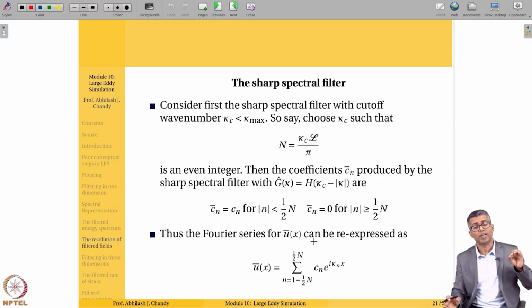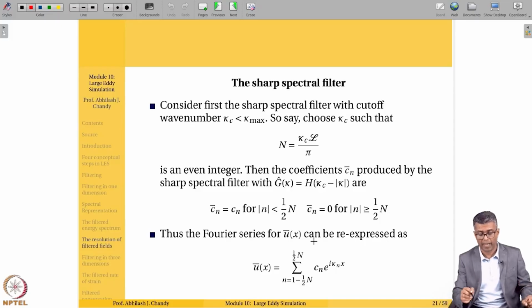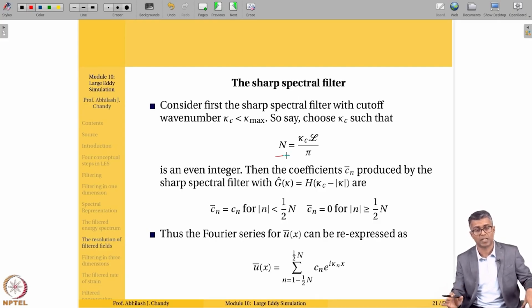Now, if you choose kappa c in such a way that n, which is the number of grid points in your LES grid, is equal to kappa c L over pi, and let's say it is an even integer. And then let's say you have a sharp spectral filter.